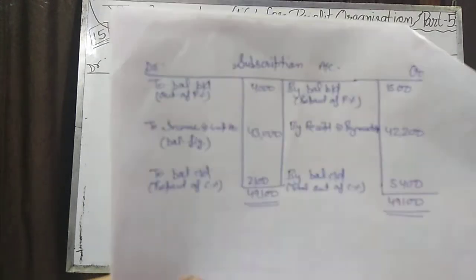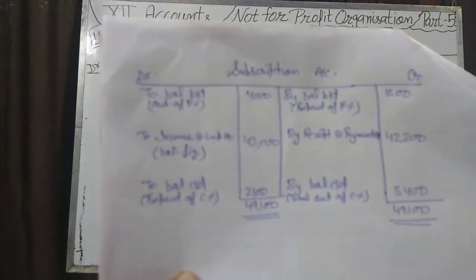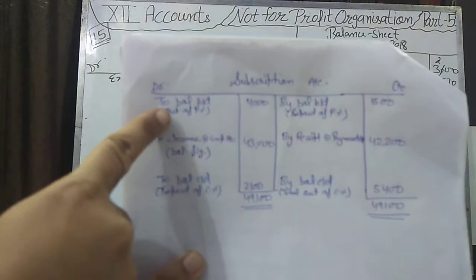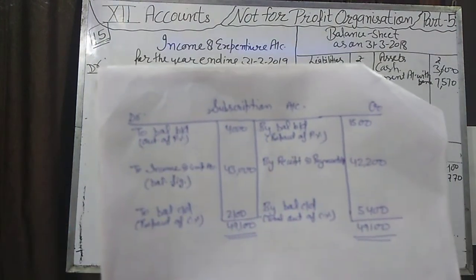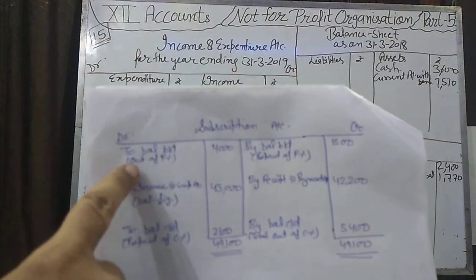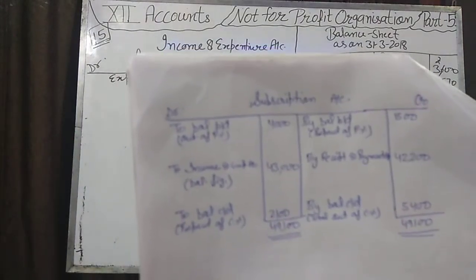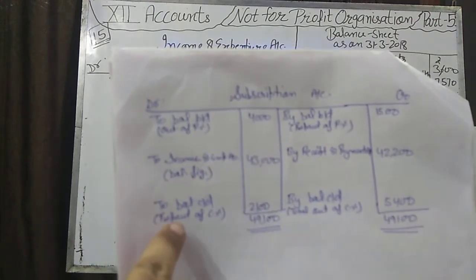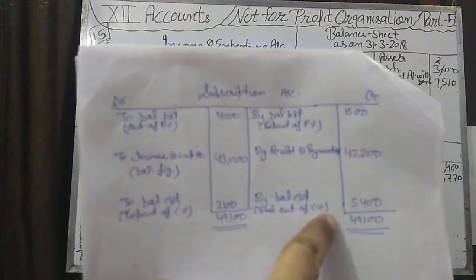See, I have told you about the proforma of the subscription account: on the debit side we will write to balance b/d, which is the outstanding of previous year subscription. To balance b/d, on the debit side outstanding subscription, and on the credit side prepaid subscription of previous year. Okay, and to balance c/d, on the debit side prepaid of current year, on the credit side total outstanding of current year.